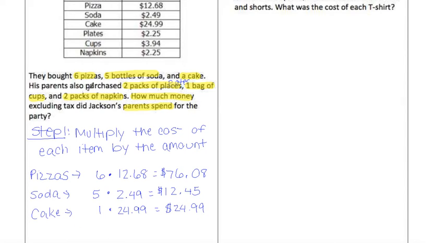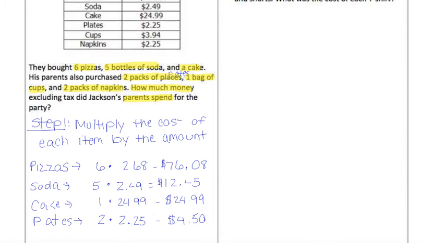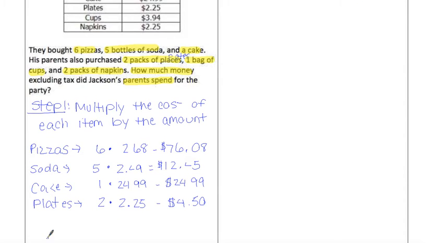And then we got the plates. And we bought 2 packs of plates times the cost of plates, which is $2.25. And 2 times $2.25 is $4.50. Plates. Our next thing that we got was cups. And we bought one bag of cups, and the cost of the cups is $3.94.